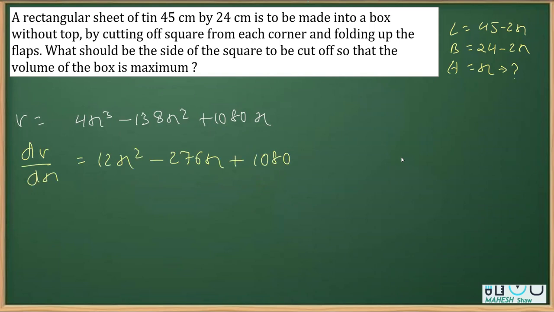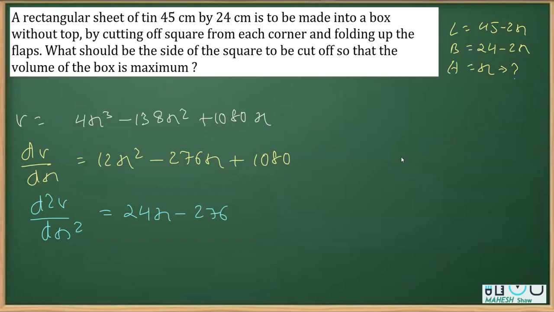Now we can find its second order derivative also, d squared V by dx squared, which is 24x minus 276.